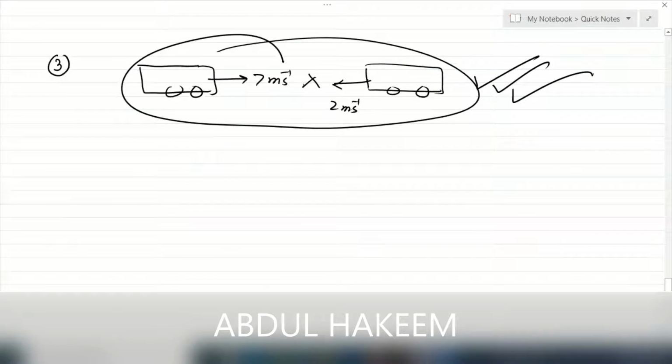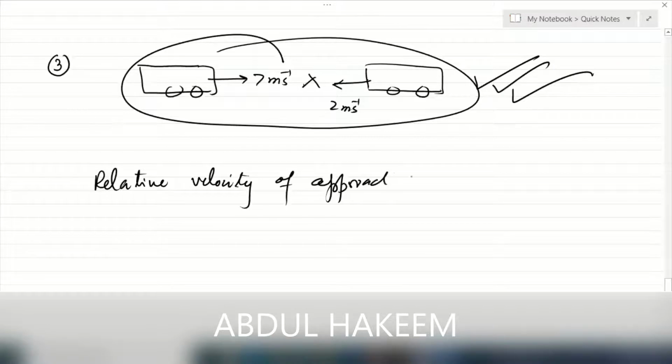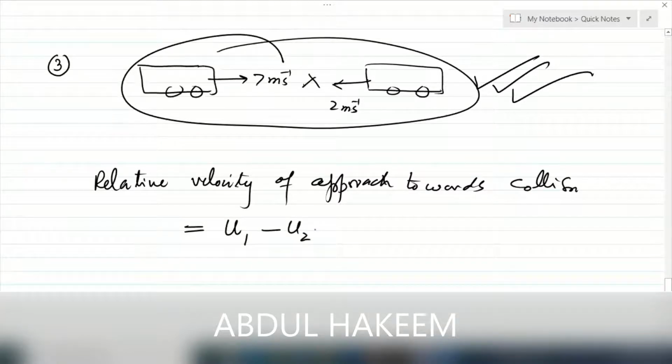Now, to calculate the intensity of the collision, we have to calculate relative velocity of approach towards collision. And it is calculated by u1 minus u2.